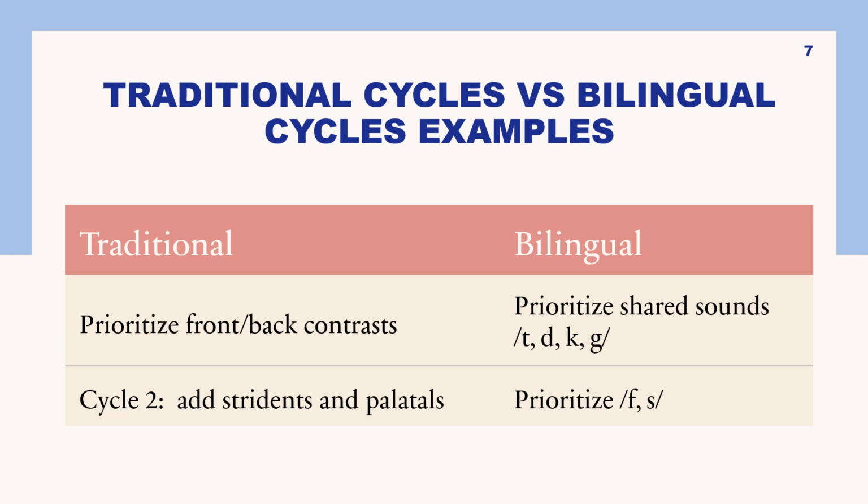That could be an example of that. Similarly, if you are adding stridents and palatals, you want to make that pool a little smaller, and you want to say, I'm going to pick those sounds first that are in Spanish and in English. I think that's a pretty good way of explaining how you might prioritize those targets to target that English and Spanish at the same time.